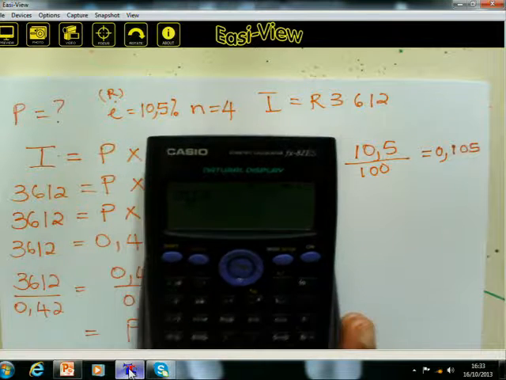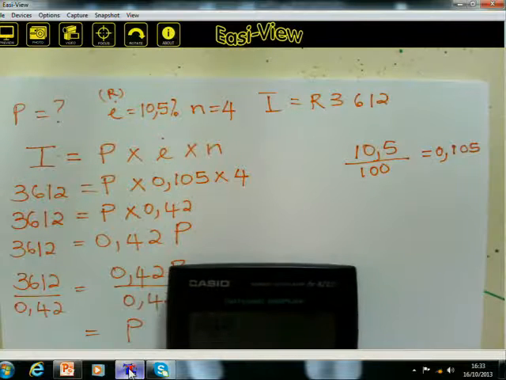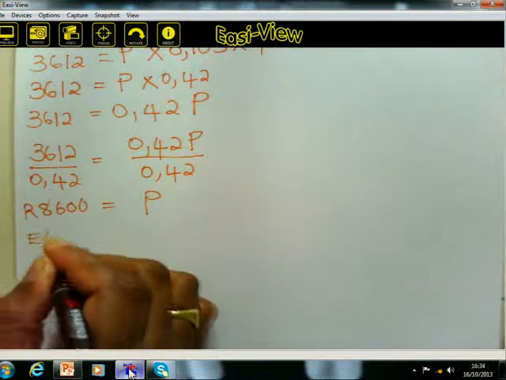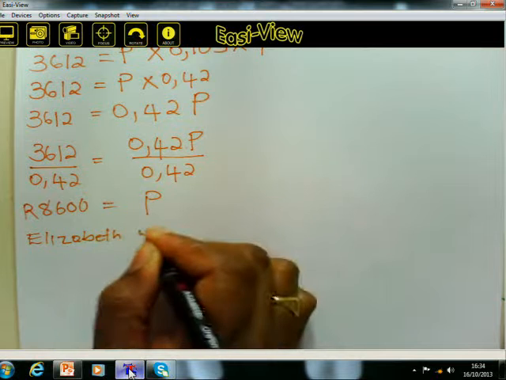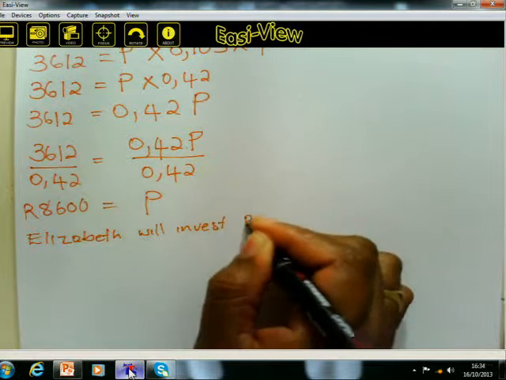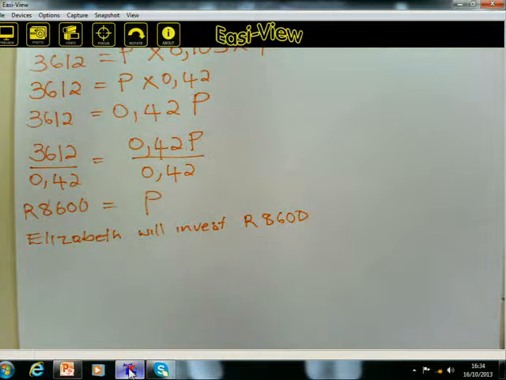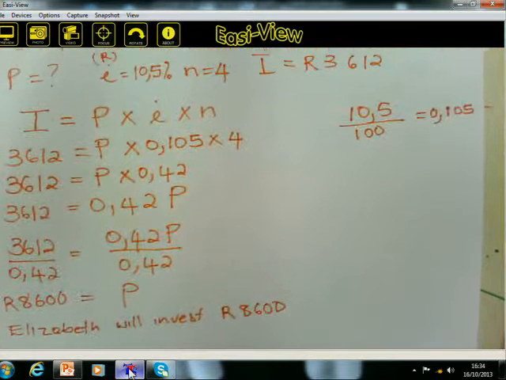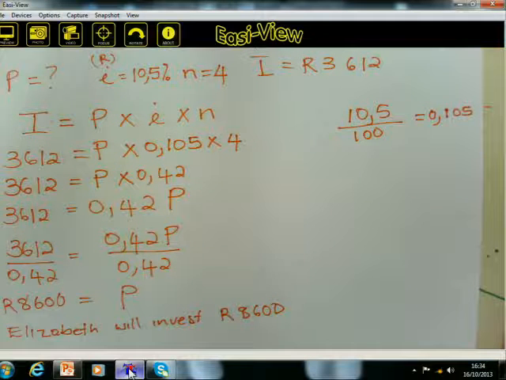3,612 divided by 0.42 gives us 8,600. So it simply means that Elizabeth will invest 8,600.